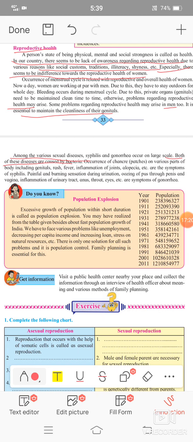And in gonorrhea, painful and burning sensation during urination, oozing of pus through the penis and vagina, inflammation of urinary tract, anus, throat, eyes, etc. are the symptoms of gonorrhea. So some common symptoms are given here for syphilis and gonorrhea. So you have to maintain your reproductive health well. It is more important. After that, do you know, ही तुम्हाला फक्त एक information म्हणून दिलं.